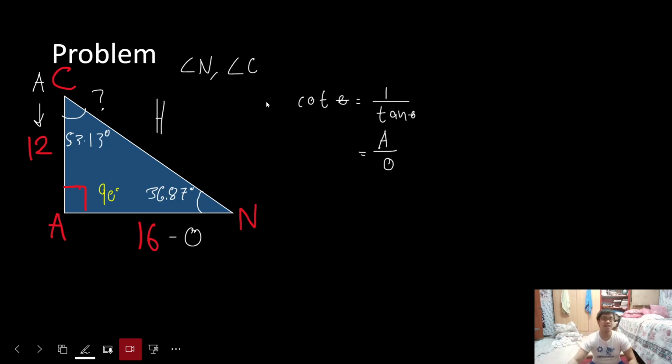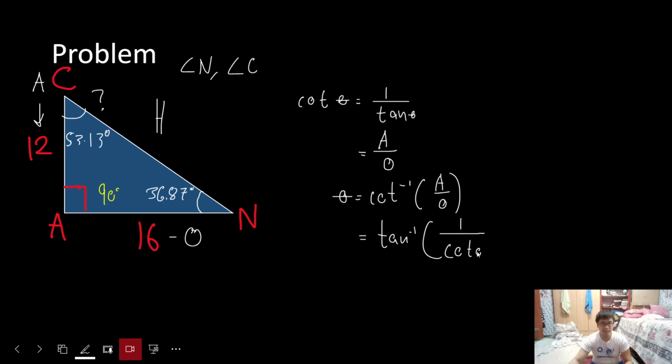So there you can find its inverse, the inverse of cotangent. So you will have theta is equal to arc tangent of A all over O. However, as I told you earlier, in your scientific calculator you don't have cotangent, especially its inverse. So you're going to use its equivalent. This one is just the same as arc tangent of 1 all over cotangent theta.